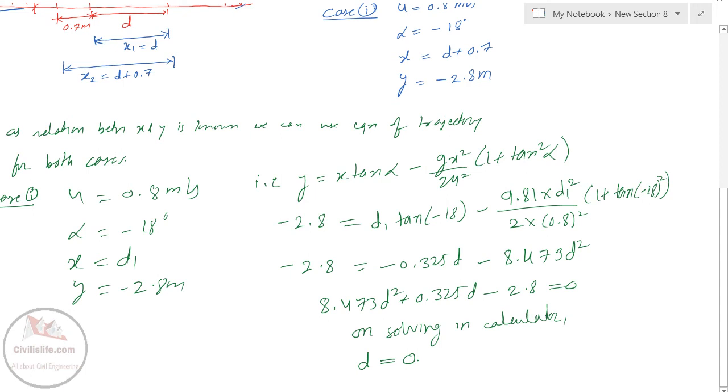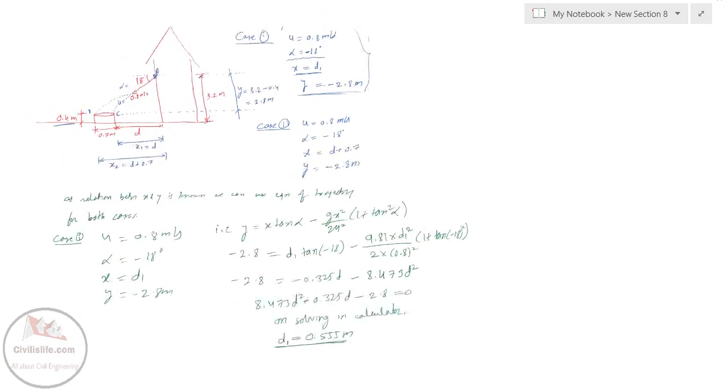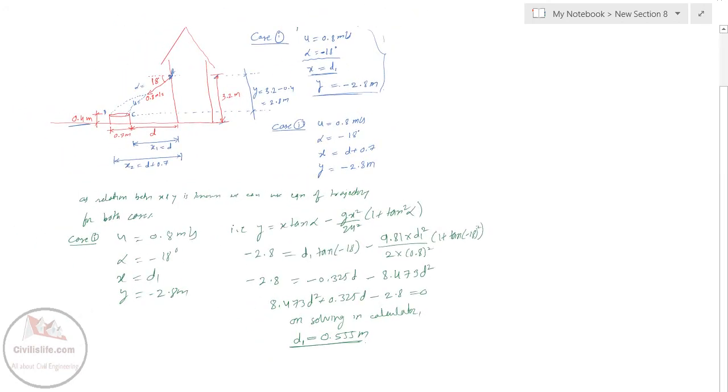The value with positive sign is 0.555 meter. So this is d1, one of the distances at which the bucket can be placed: 0.555 meter.